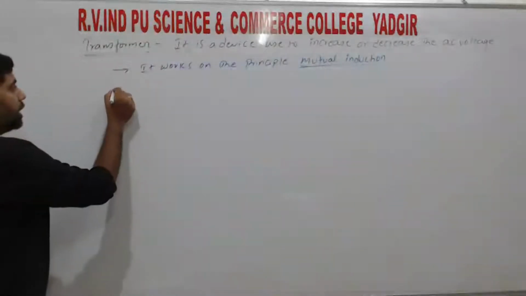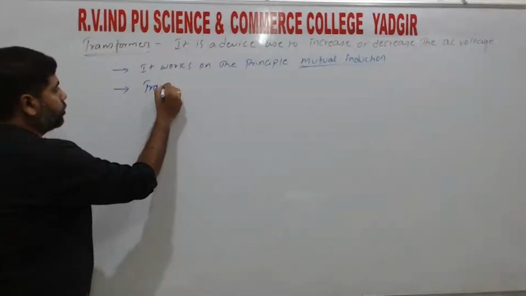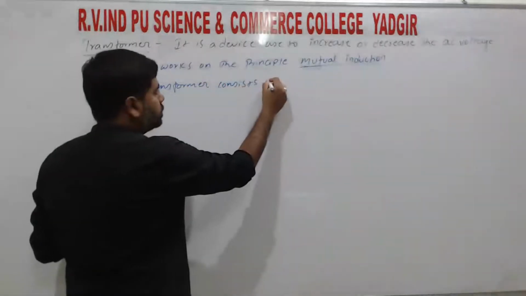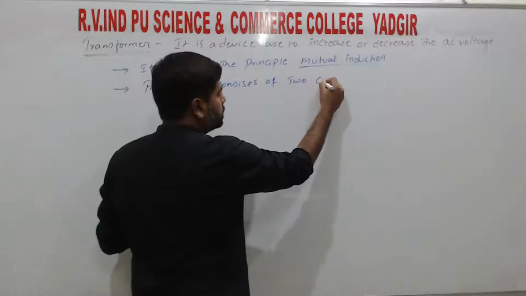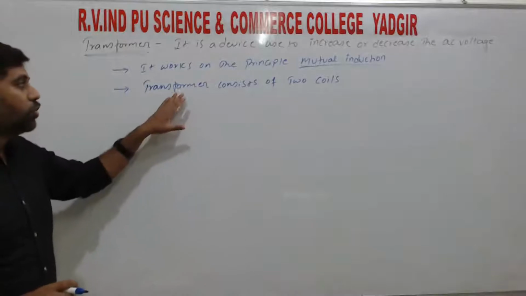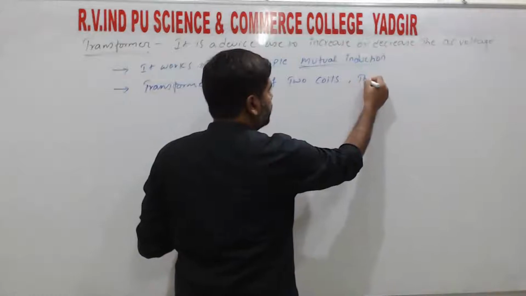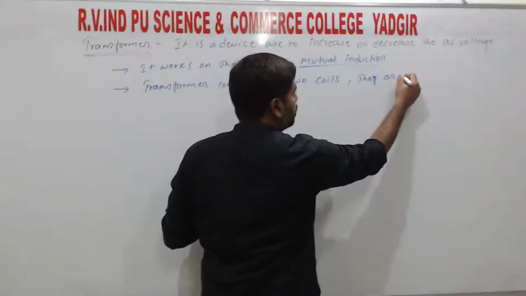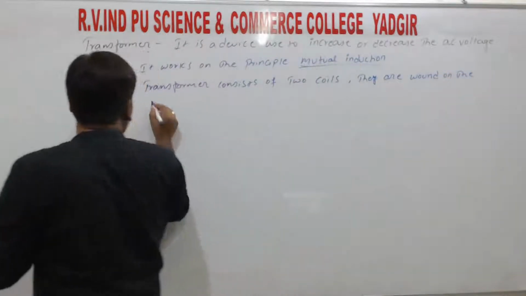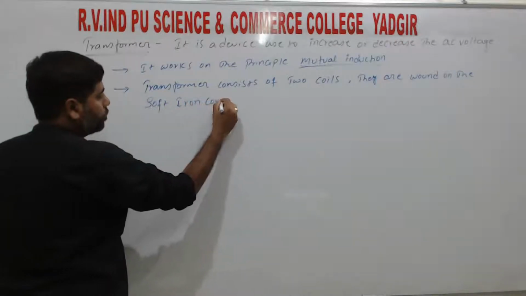So next, the transformer consists of two coils or inductors, right? So it consists of two coils or two inductors. They are wound on the soft iron core, right?